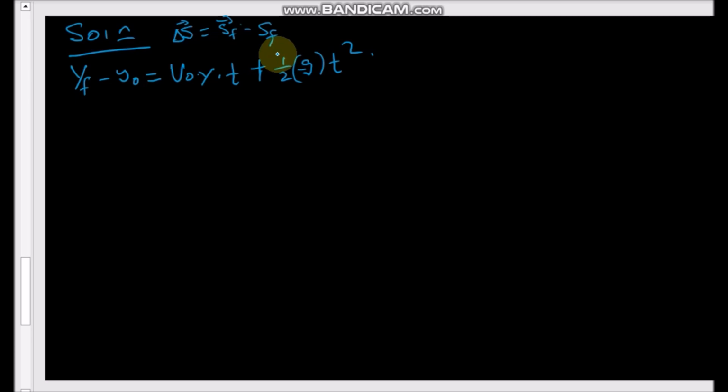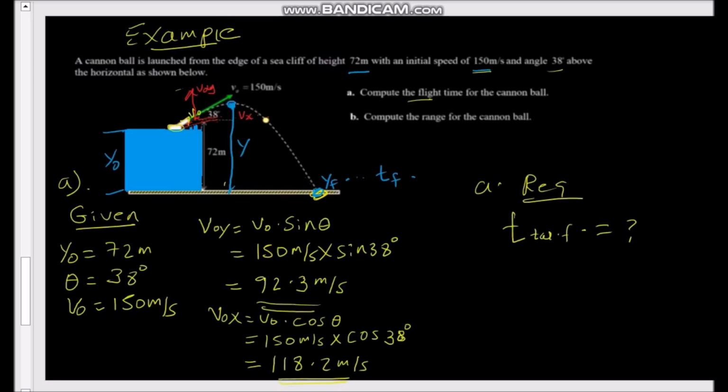This one is coming from the equation we already solved. The important thing depends on the requirement, that means the total time of flight. So our reference point is at this point. Y final at this point is how much?